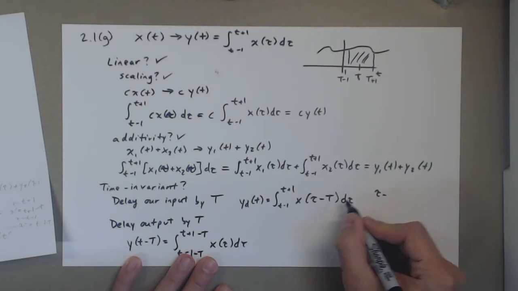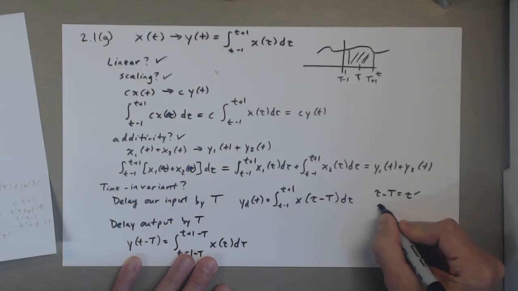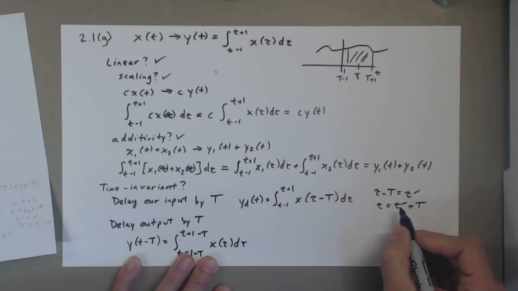We'll say tau minus big T, we'll just give it a new name, tau prime. So tau is equal to tau prime plus the shift. d tau is going to just be equal to d tau prime.